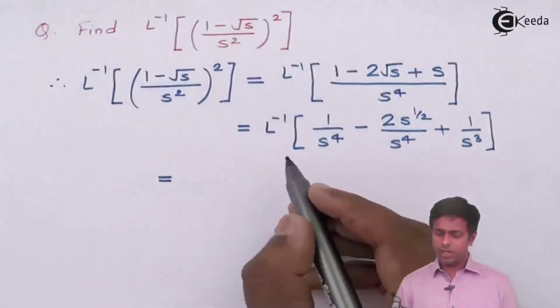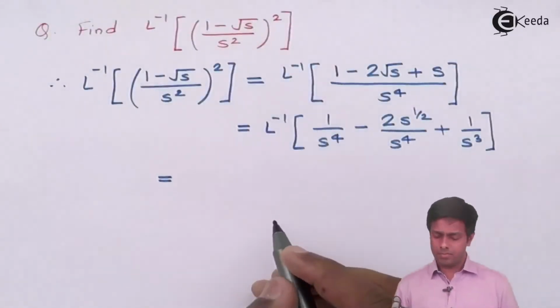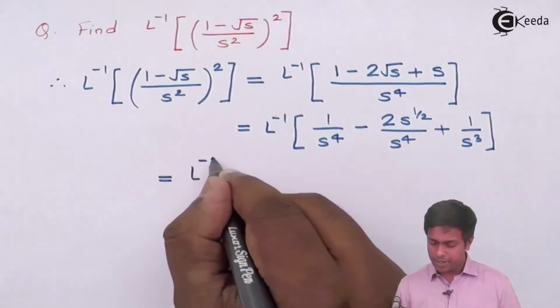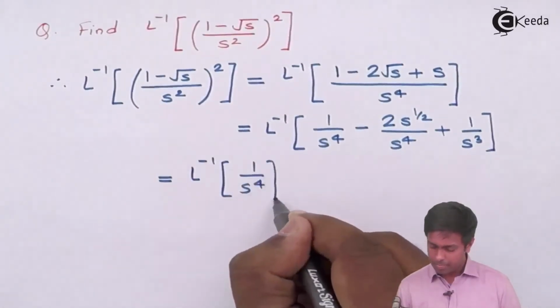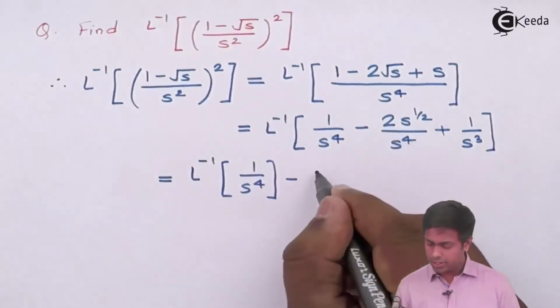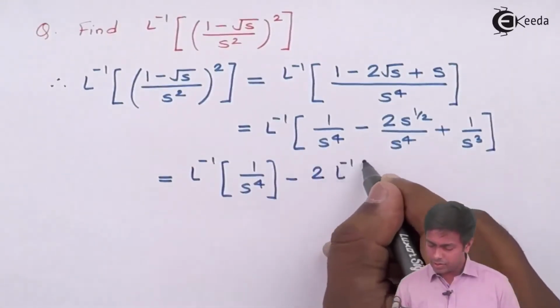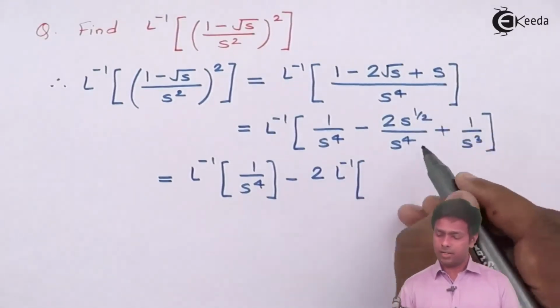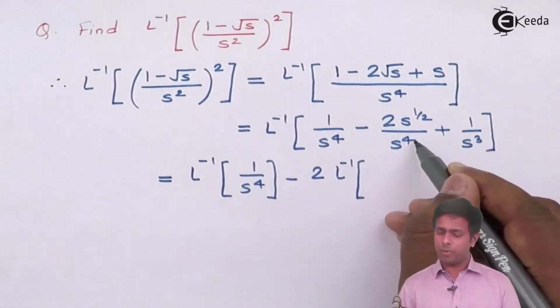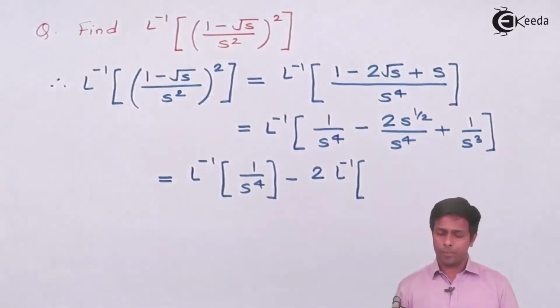So by finding L inverse of the first term, I'll separate the terms: L inverse of 1 upon s to the power 4, minus 2 outside, L inverse of s raised to half, which will come in the denominator. Here it will be added to the power, so 4 plus half, that is 9 upon 2. Hmm, as in the video: 4 minus half, that is 7 upon 2.